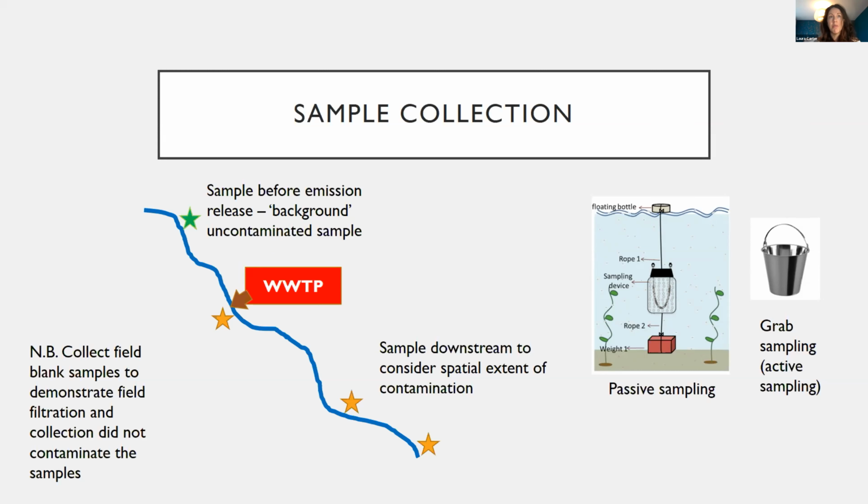But ultimately, what you're looking for is to collect samples with sufficient spatial resolution that you can build these concentration profiles and increase your probability of detecting these transient and tricky pharmaceuticals. This is important to do when devising your sampling campaign, but obviously you are then met with the logistical challenges of where you're actually sampling.